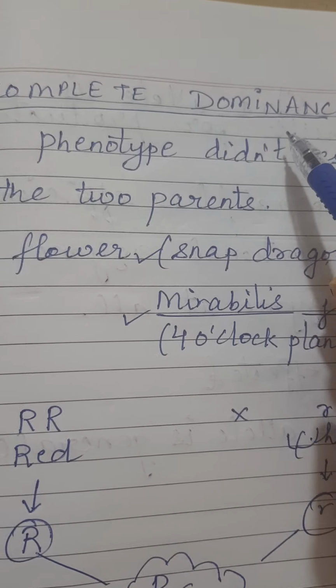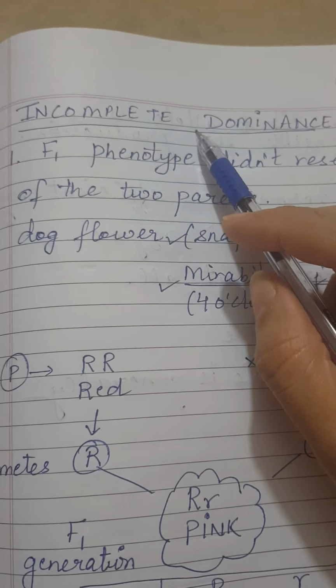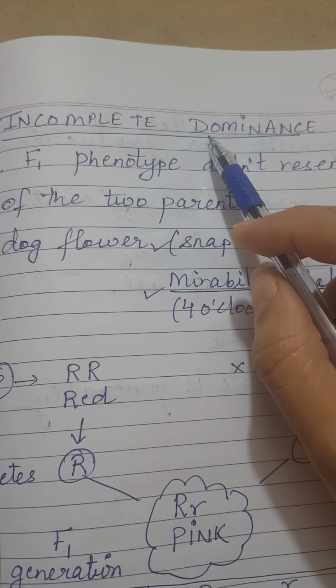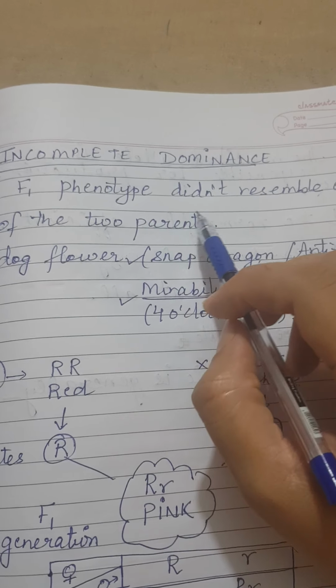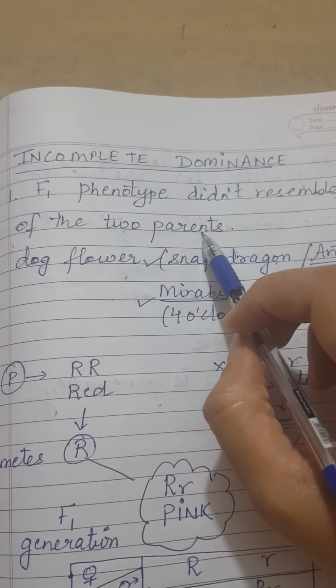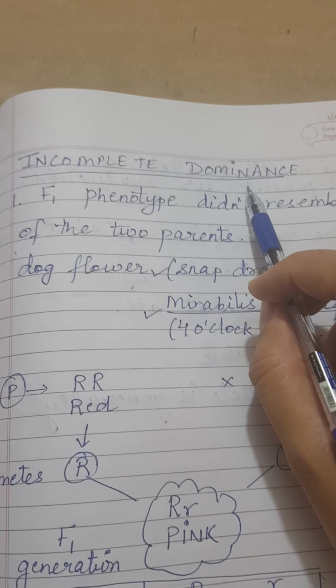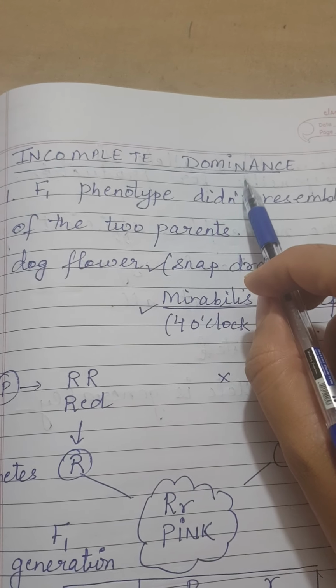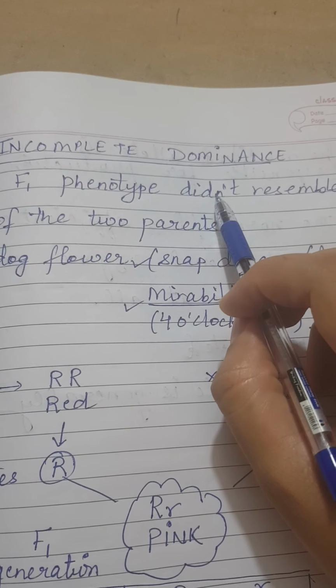Next, let us discuss the concept of incomplete dominance. From the term itself, it means that the dominance is not complete. The F1 phenotype doesn't resemble either of the two parents. In Mendel's case, when he crossed the tall and the short plant, the phenotype of the F1 generation was tall.